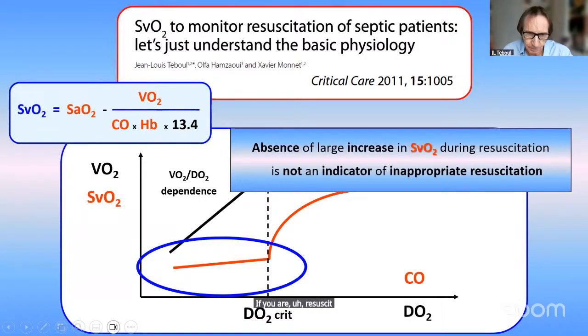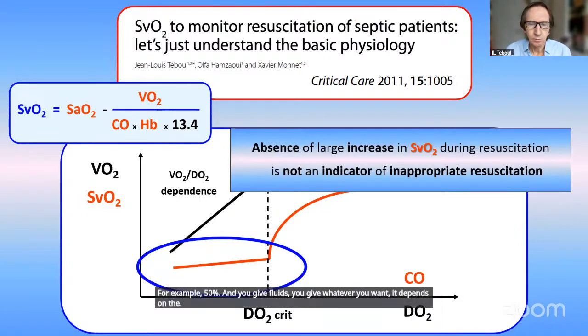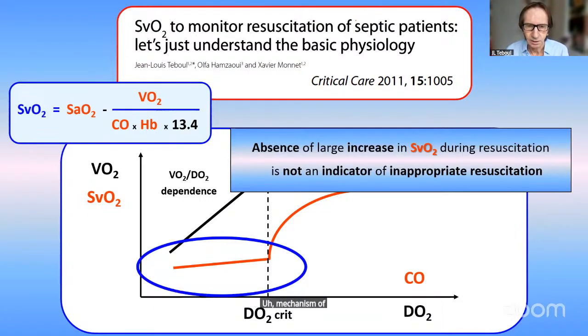It means that if you are resuscitating a patient with low SVO2, for example 50%, and you give fluids, or whatever you want, it depends on the mechanism of shock. If it is hypovolemic shock, you can give fluids. But if you have no cardiac output monitor, you just follow your resuscitation with SVO2, and you see there is no change in SVO2.